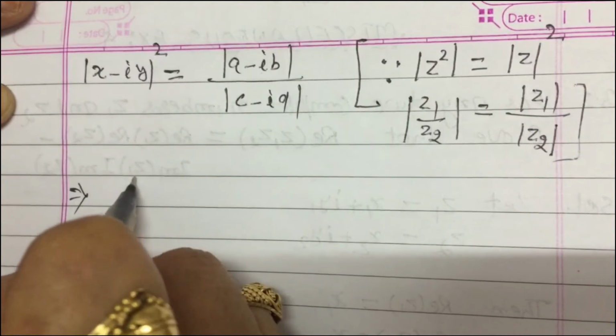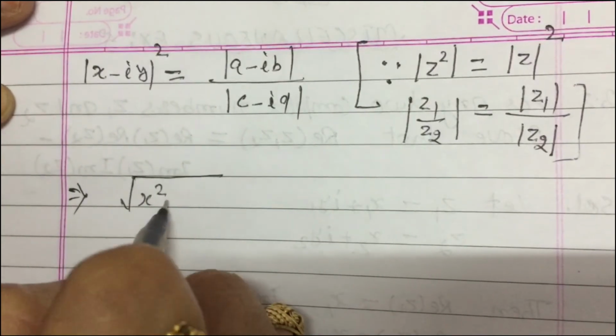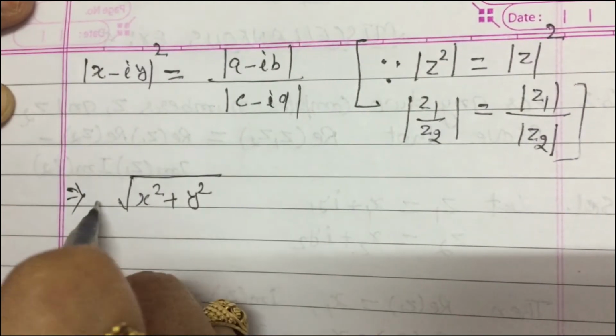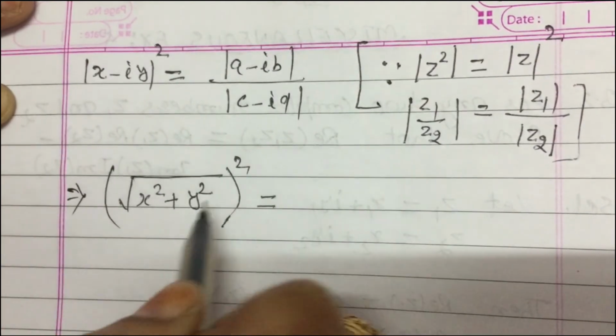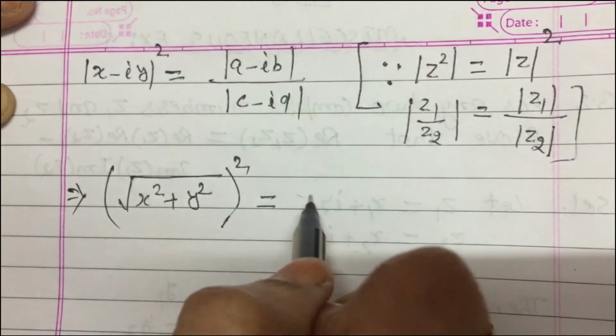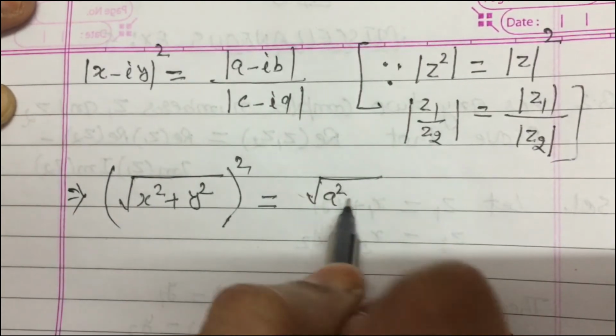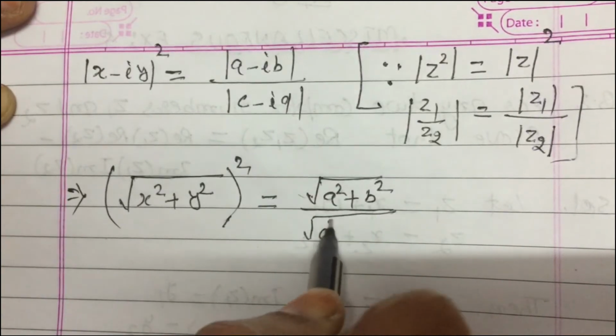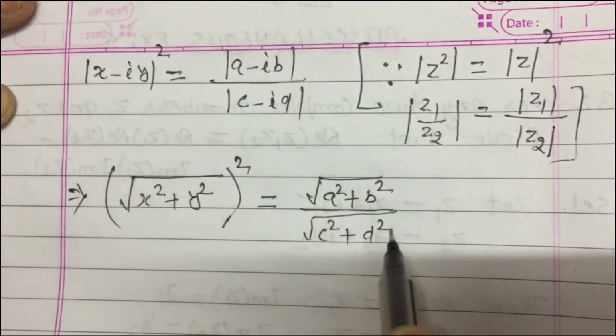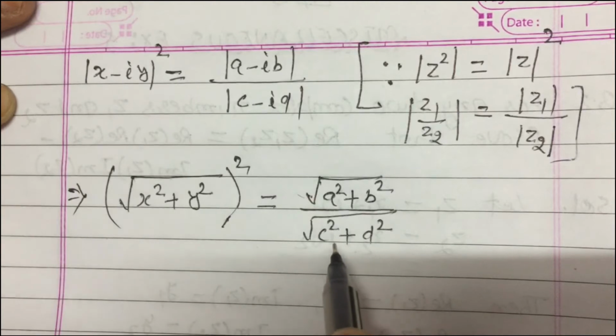Modulus is under root x square plus y square, and write whole square as it is. On the right hand side, it is a square plus b square, and in the denominator it's c square plus d square. Simple, we are taking the modulus, student.